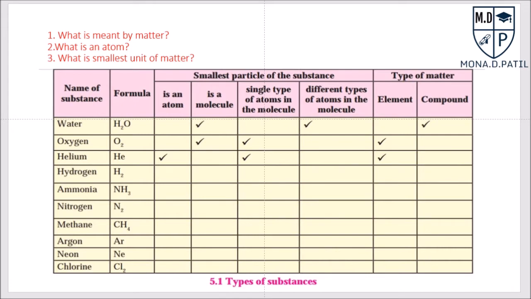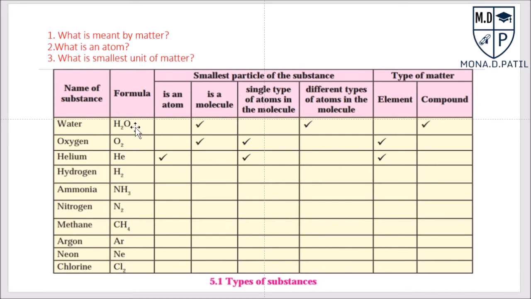You can see here the table. The last column gives element and compound. So how can you come to know about the element and compound? See the first column, the name of the substance, and the second column, the formula for that substance. First example, water. The formula of water is H2O.